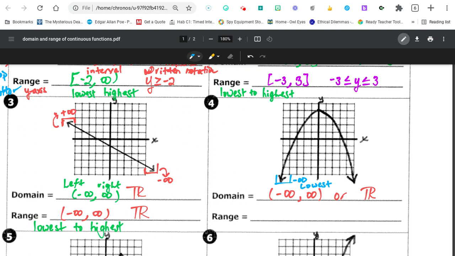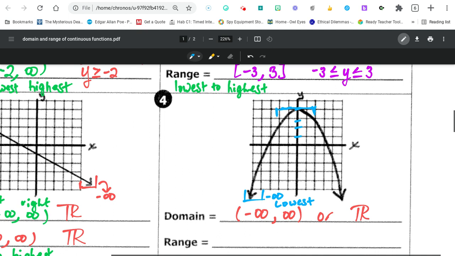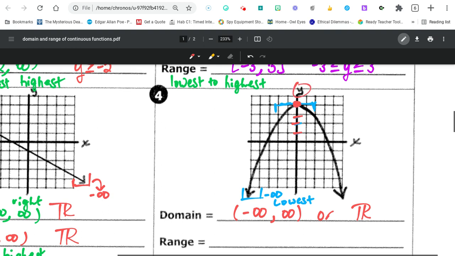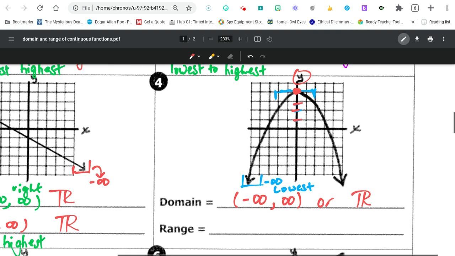The highest point looks like it's right here. So that's at 1, 2, 3, 4. Again, that's at 1, 2, 3, 4. A y of 4. So I'm going to go with the lowest point is negative infinity.